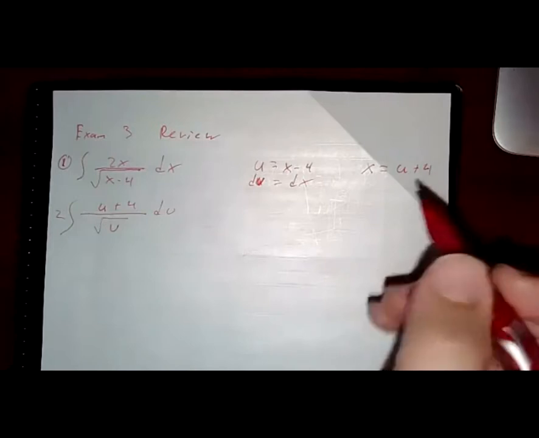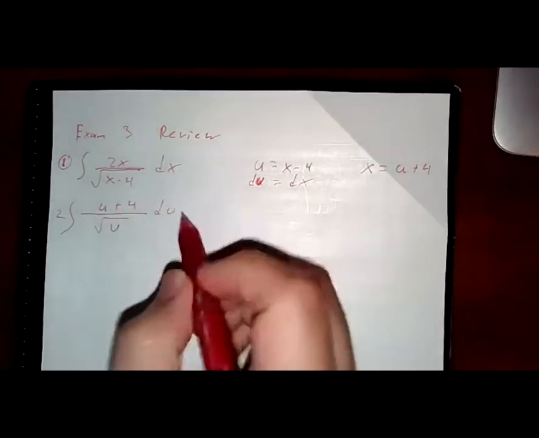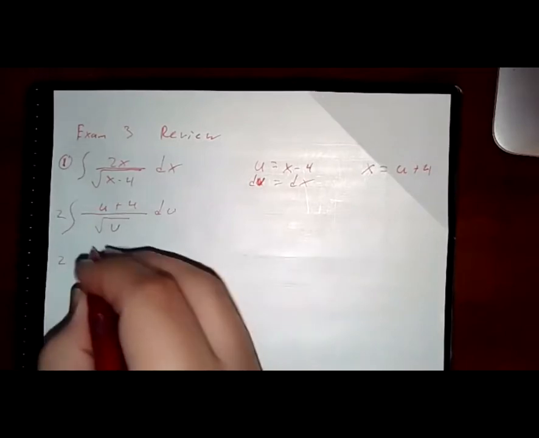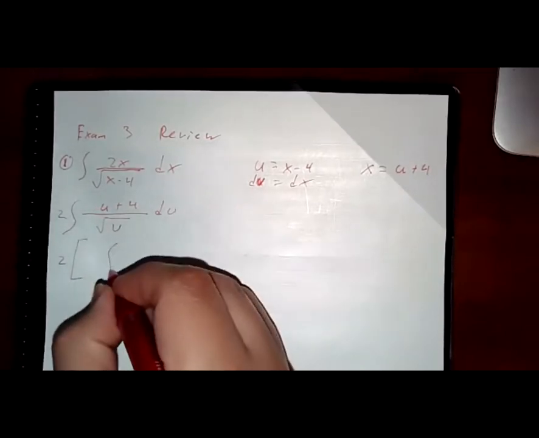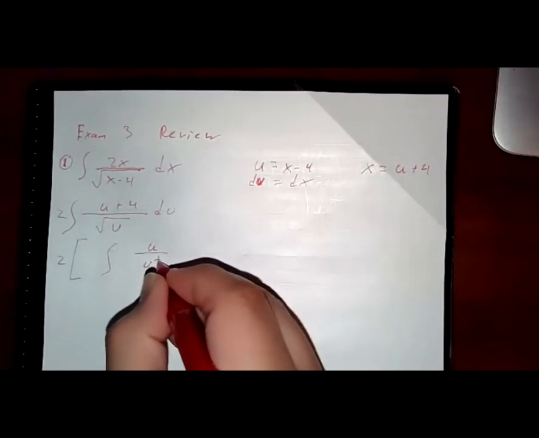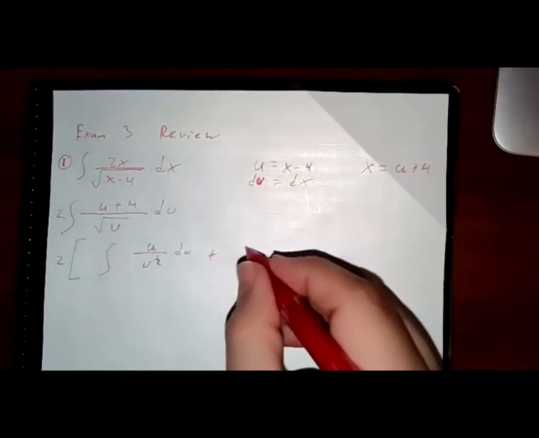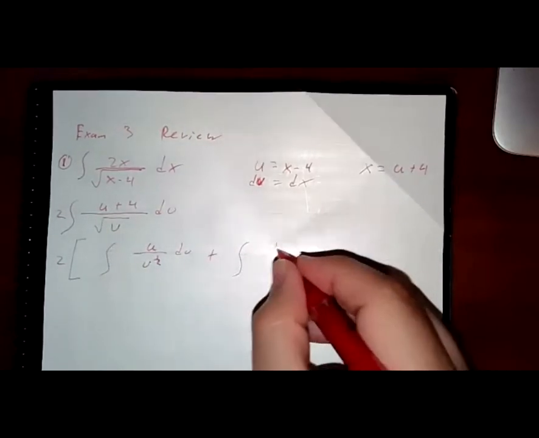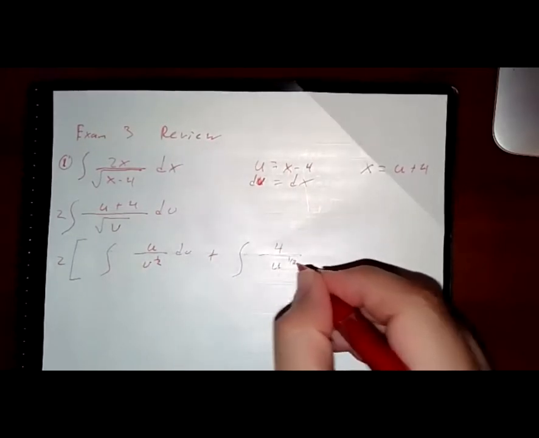All right, so let's just integrate this. I can separate this into two integrals. The 2 is just going to be out here, not worry about it. So it'll be the integral of u over u to the 1/2, plus the integral of 4 over u to the 1/2.